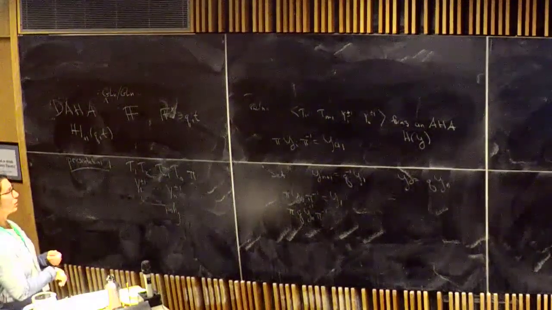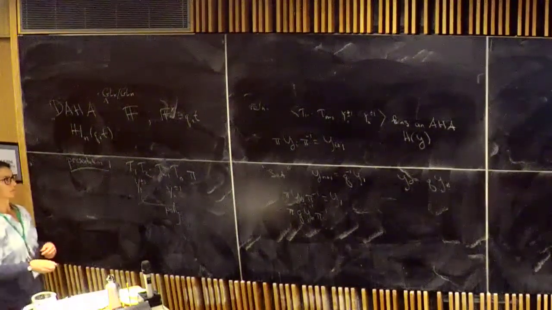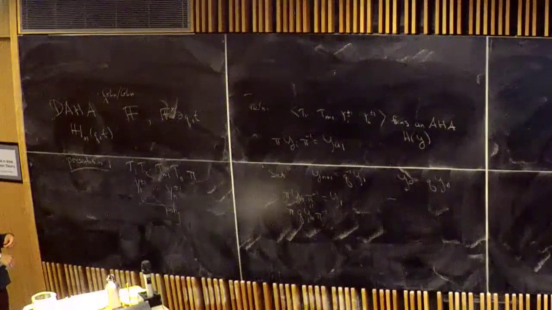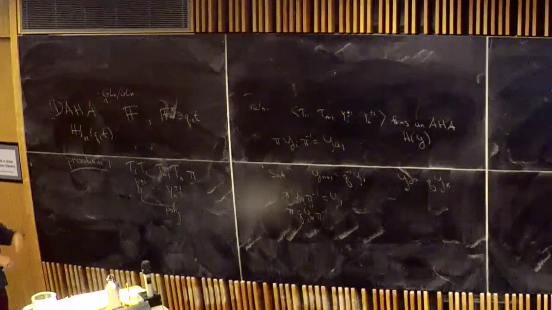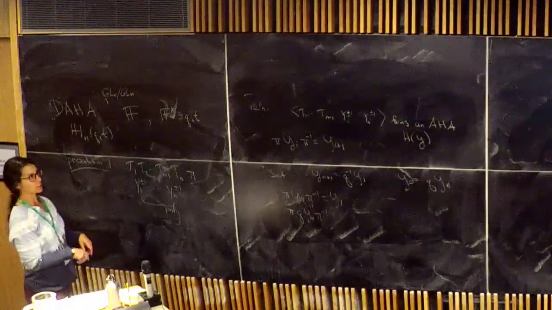So maybe you should say that there's implicitly a relation, that the first lines make it an AHA. You haven't written that on the board. Yes, that was my second presentation.